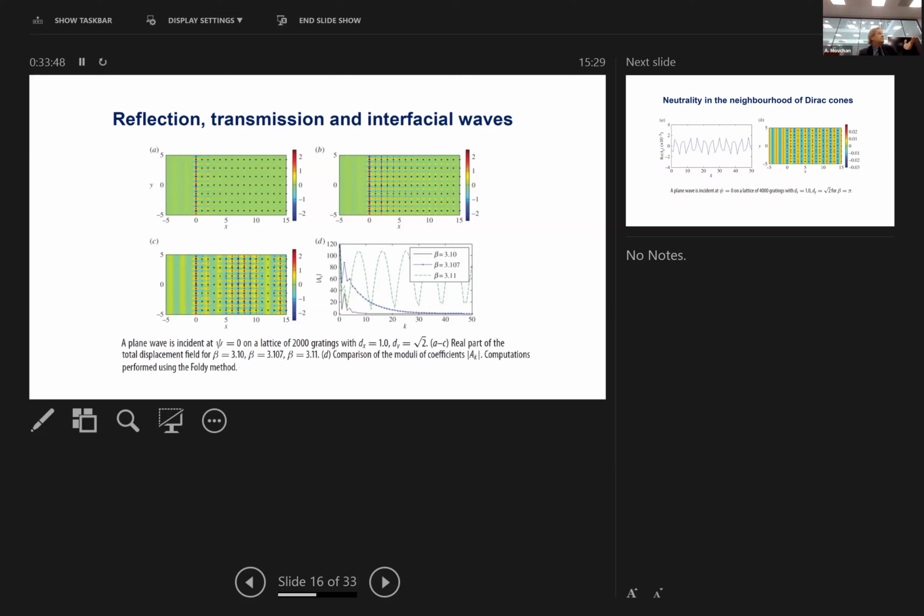And well, to guess this or to try in the experiment, you may be very, very close. But if your frequency is not exactly at the right value, you may just miss it. But the model here gives you exactly the method.